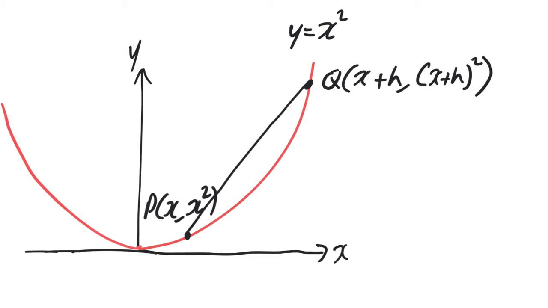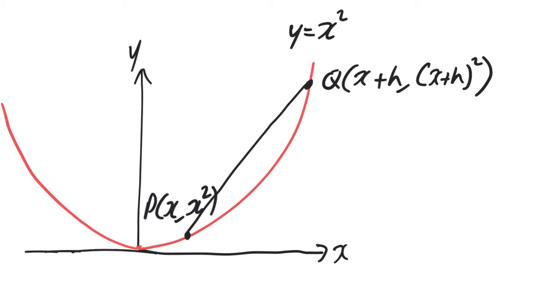If my Q is moved to here, my PQ is going to get a lot closer to my gradient of P. And if Q was right on P, the gradient of P to Q is basically going to be the same as the gradient of the curve at the point P. So that's really what we want to do.